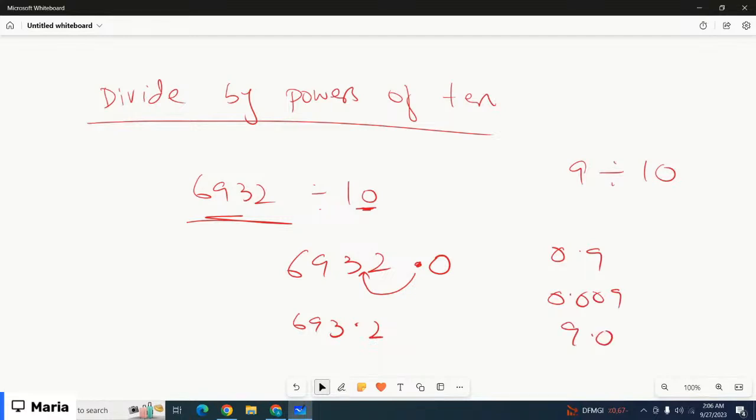Which option is the correct one? 9 divided by 10 equals... you have to move the decimal point. 10 has only one zero, right? You have to move the decimal point one place left. 9 is like this. You move the decimal point from here to here, so it would be 0.9, right? Okay.